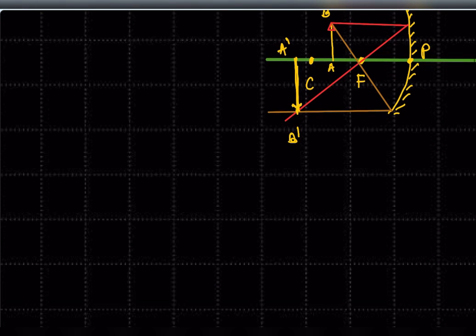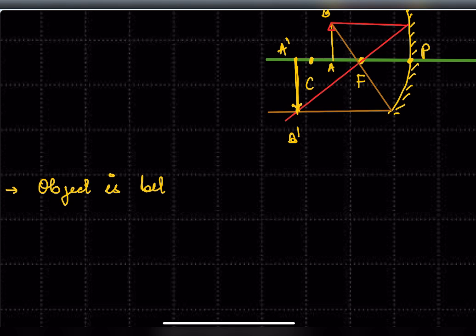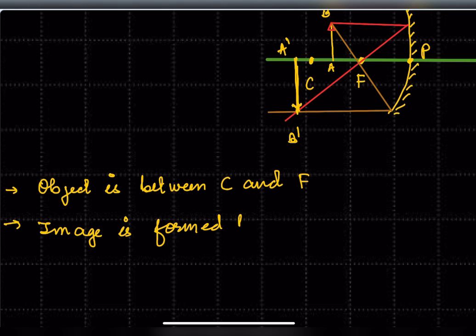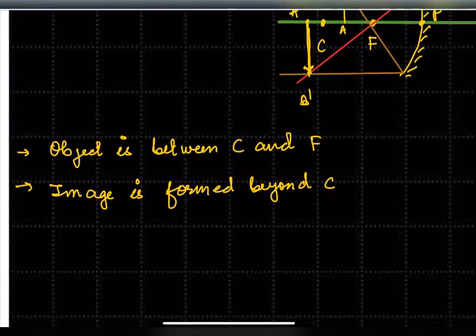The first thing you can conclude from here is: the object is between C and F, then the image is formed beyond C. What else?